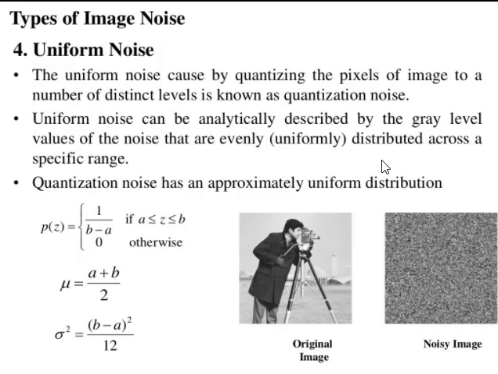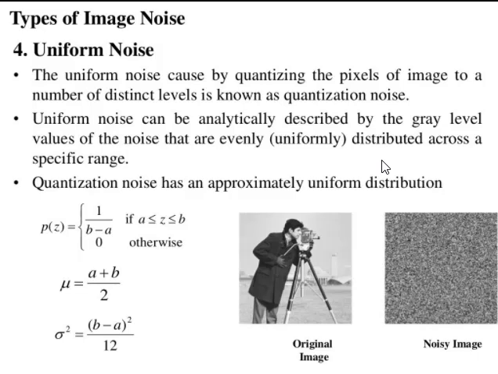Quantum means parts, so we divide the image into equal parts. Compared to other noise, this noise has a similar tone of distribution. The gray levels of the noise are evenly distributed among a specific range.